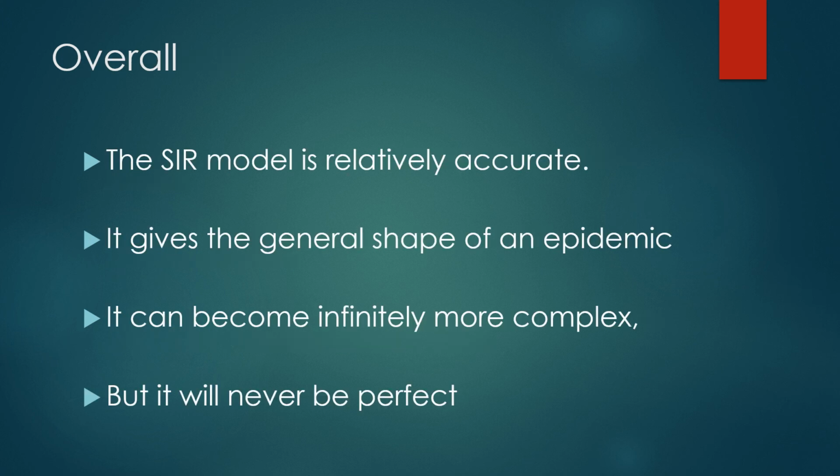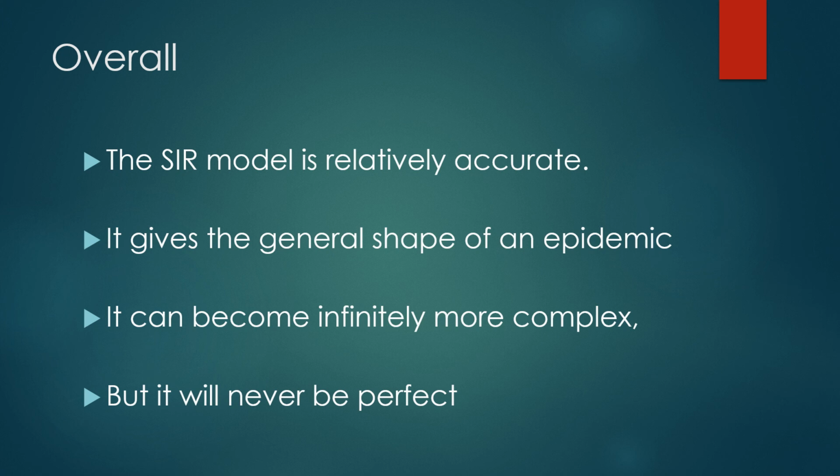So overall, I will say that the basic SIR model is a relatively accurate way to predict the spread of an epidemic. It can be used to explain any sudden influxes in growth of the number of infected. It can be used to predict the end of an epidemic roughly, but the SIR model just gives rough explanations. The model cannot be extrapolated and is not perfect when giving you an exact date.